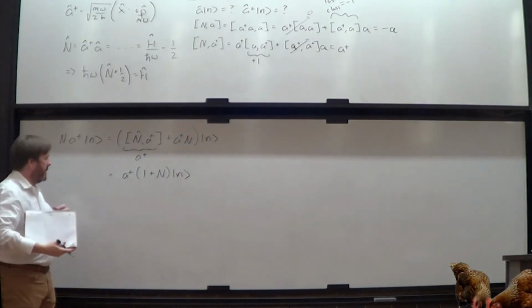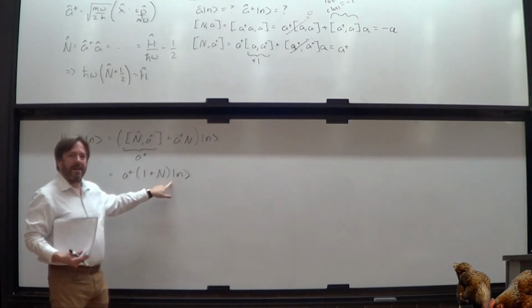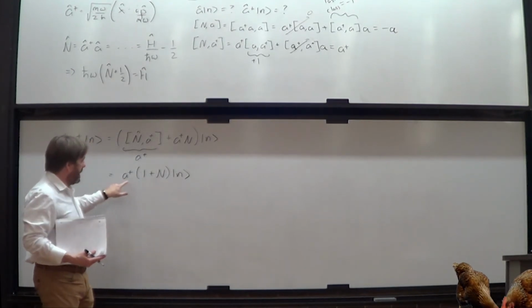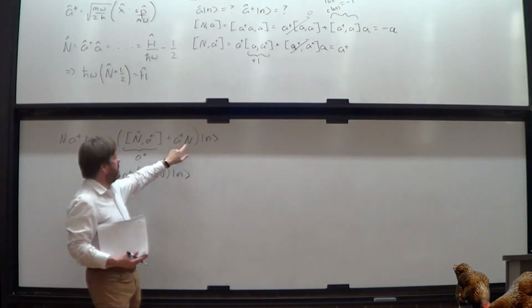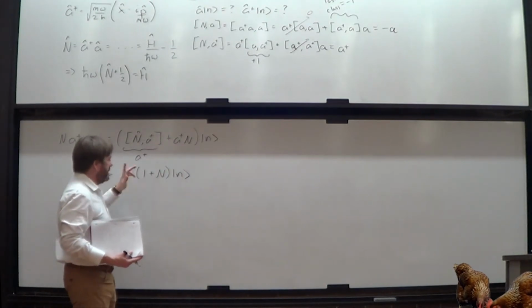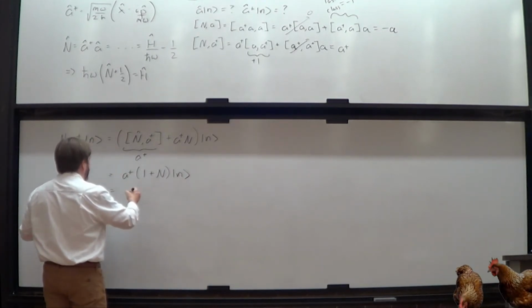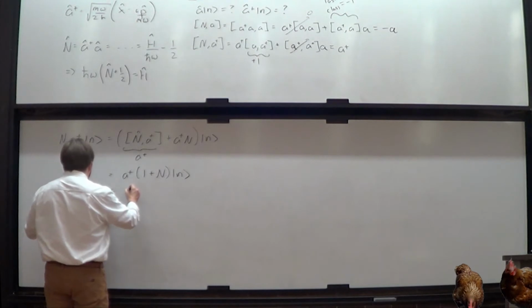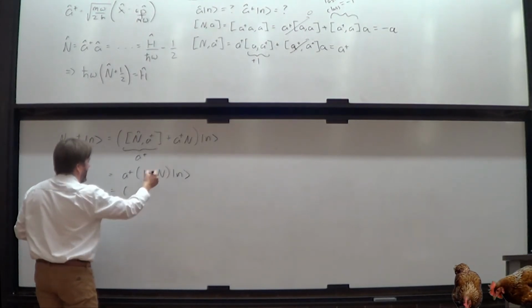By that I mean, I could have put this to the left and this to the right, but instead I kept this to the left and that to the right. Right there, I have to move this to the left anyway, and that's important because we've already seen what this does. This gives me an eigenvalue.